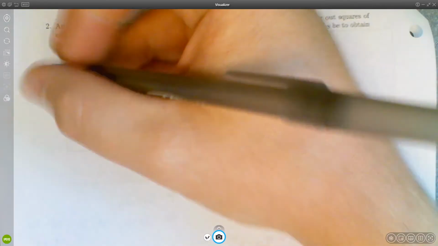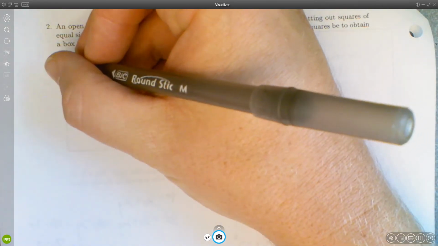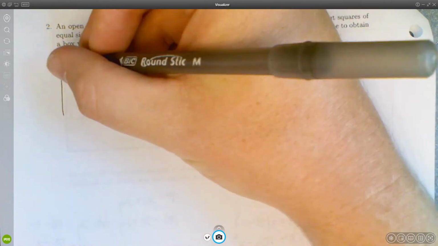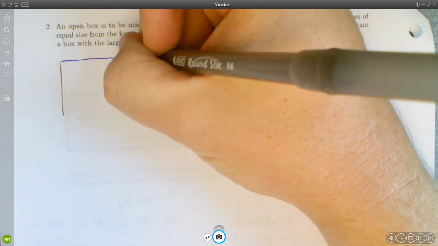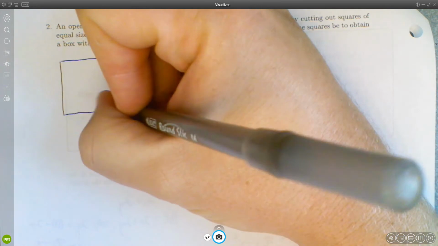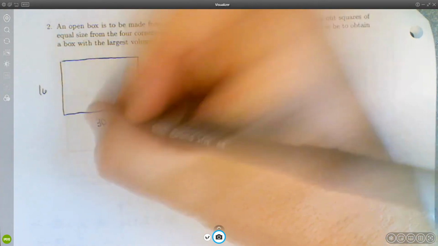Okay, well, let's draw a picture. So we have this rectangle that's supposed to be 16 inches by 30 inches.